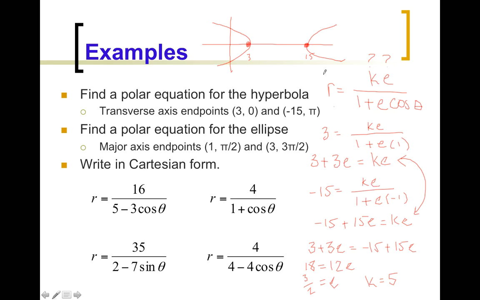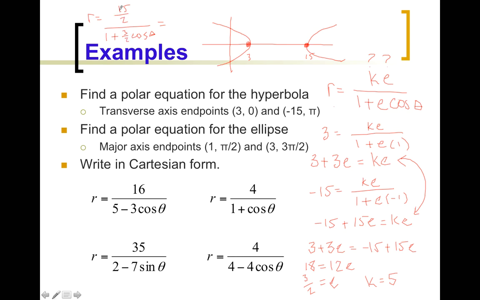and you get your equation r equals k times e. So 5 times 3 halves is 15 halves over 1 plus e, which is 3 halves, cosine theta.